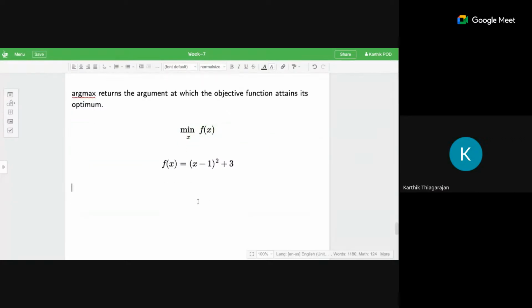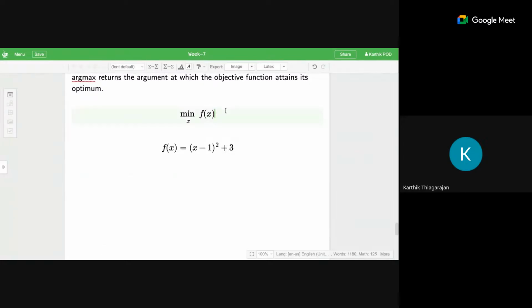So how would you express this? The minimum of f of x, unconstrained, is equal to 3. This is the outcome of the optimization problem. The minimum value of f of x is 3. However, we'll call the argmin of f of x. What is the argmin of f of x? 1.